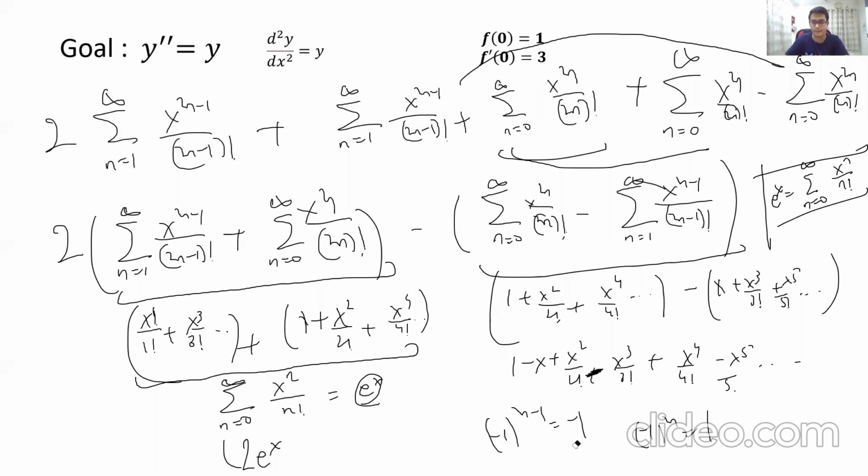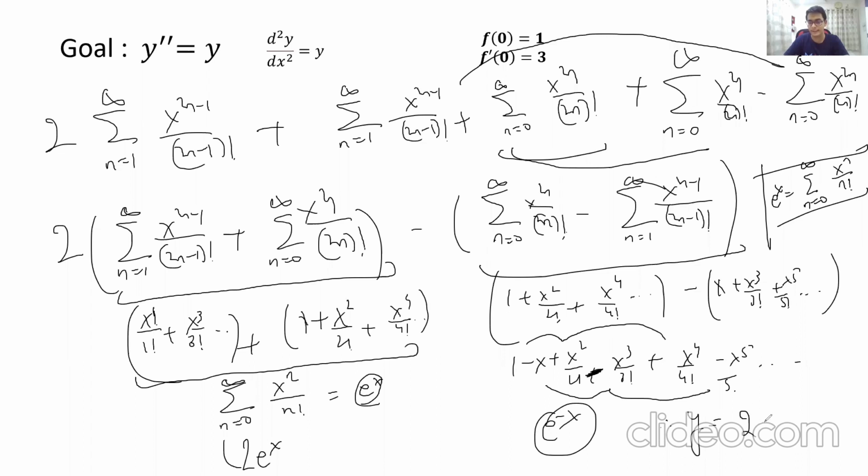So now over here we can just say that this thing is actually e to the minus x, right? Because all the odd powers have a minus here and all the even powers have a plus here. So this is just e to the minus x, and therefore our final function y is actually 2e to the x minus e to the minus x, and that is our final solution.